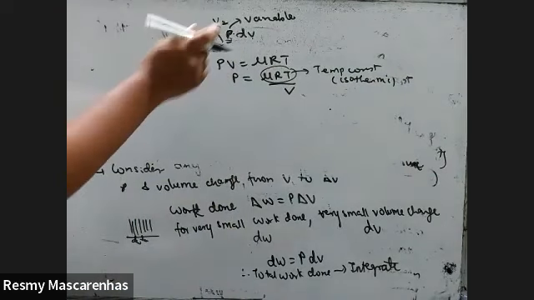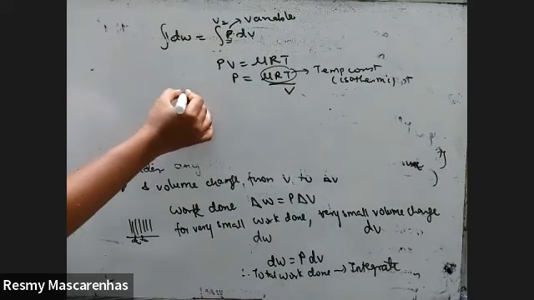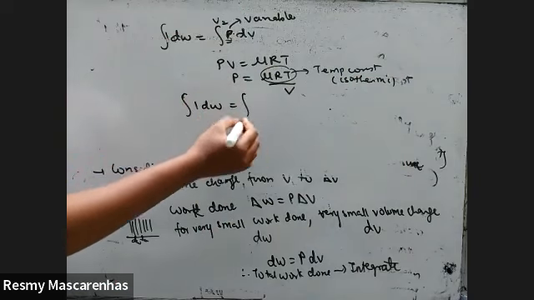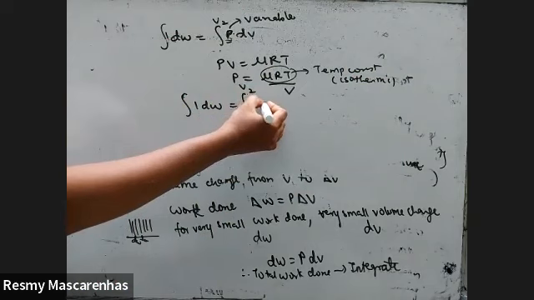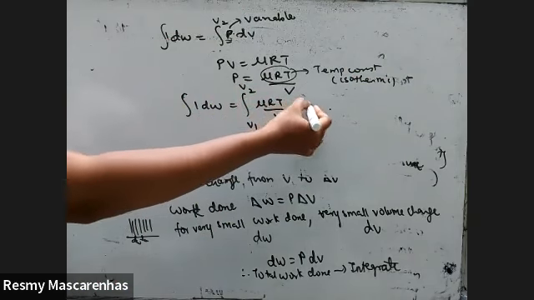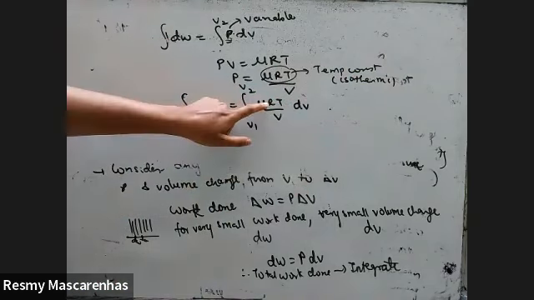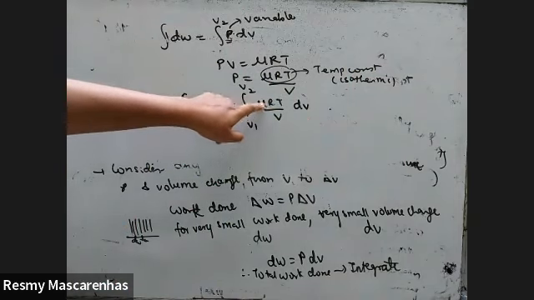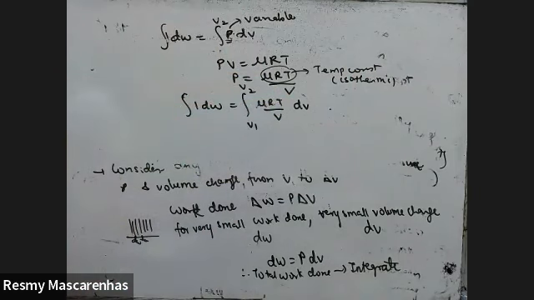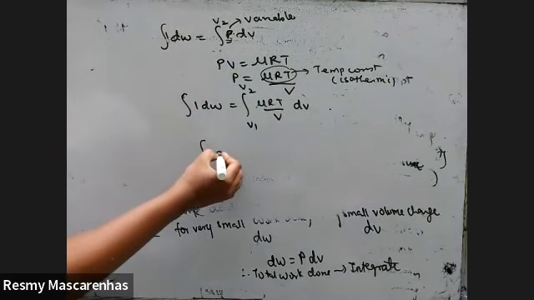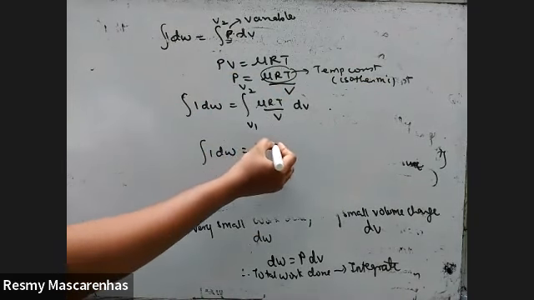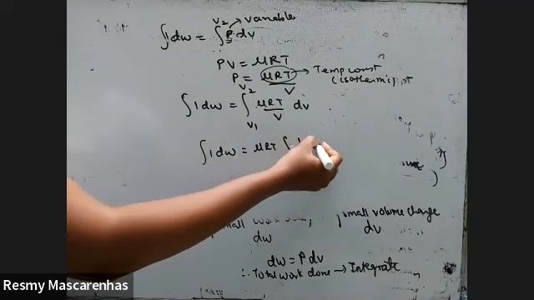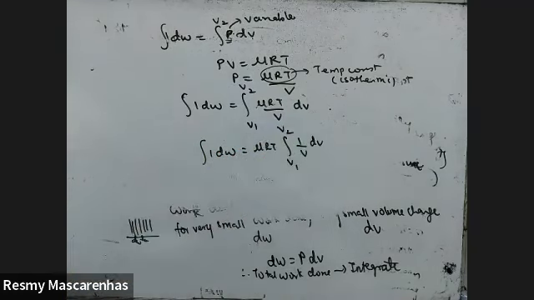So I'll put this here, integral from V1 to V2 of mu RT upon V dV. Now these three constants I'll remove out, because mu is a molar number, a pure number, R is also a gas constant, and temperature is also constant.